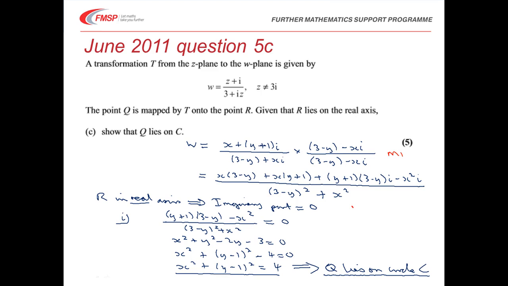It also gives a method mark for realising the imaginary part must be 0, an accuracy mark for letting the imaginary part be 0, and an accuracy mark for finding the correct circle. Notice we were told that Q lies on C, so that last accuracy mark requires a complete solution only. It has to follow a correct, precise method.